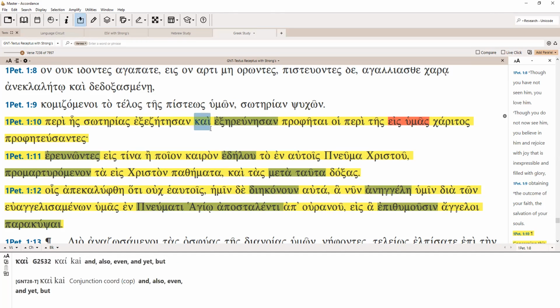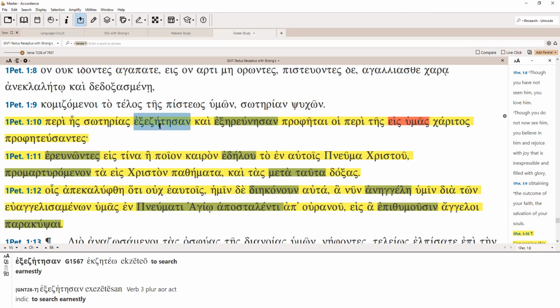exezetesan kai exereunesan. So exezetesan, if you remember zeteo, you have an ex and we have a zeteo with an epsilon augment. This is the aorist, third person plural of ex-zeteo, and zeteo has the connotation of seek.